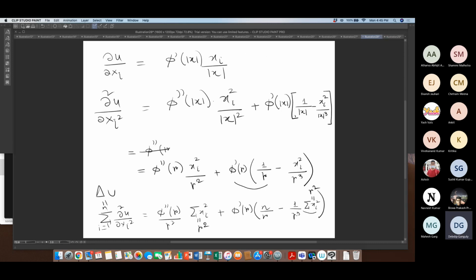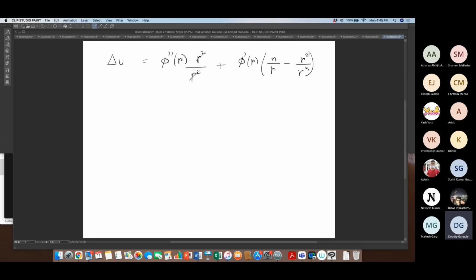So this gets cancelled, and I get phi double prime of r plus phi prime of r times (n minus 1) by r. This implies phi double prime of r plus (n minus 1) by r into phi prime of r.